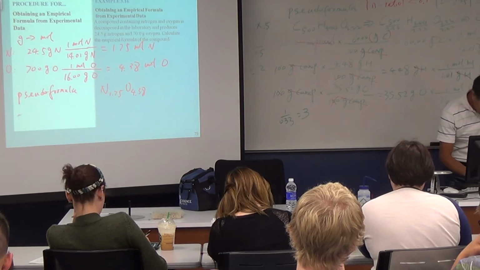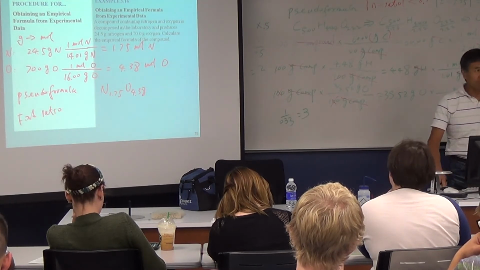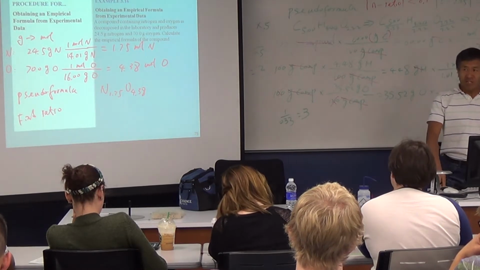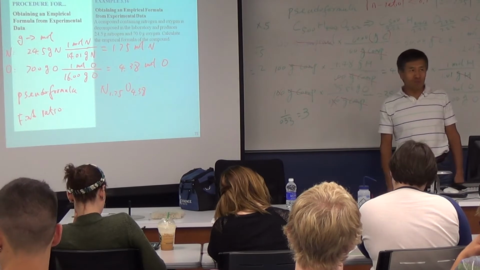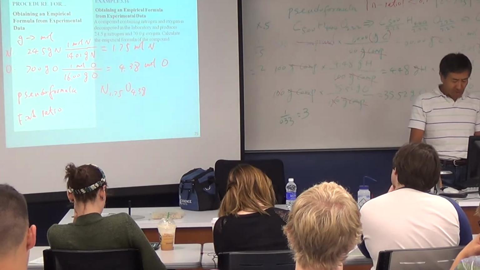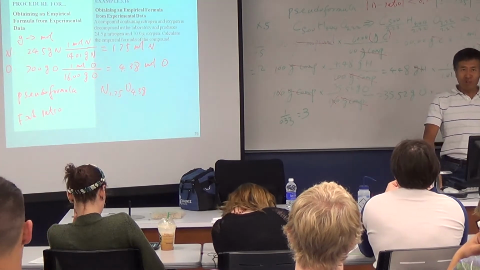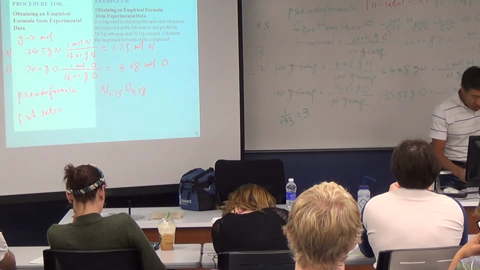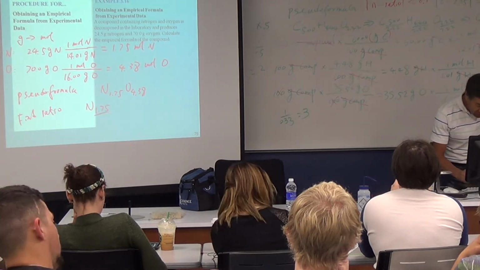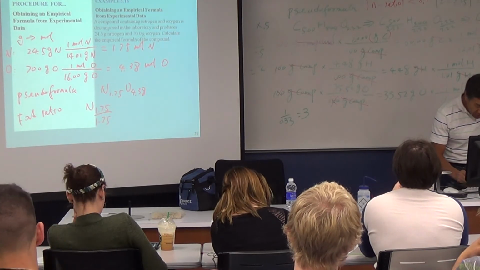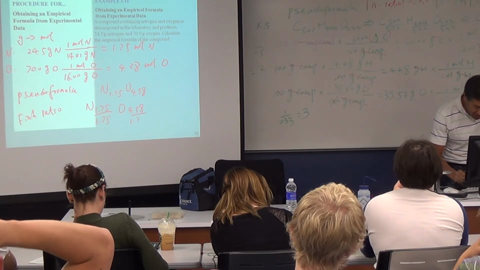Right, so the next step, find the ratio. The easiest way to find a very nice ratio is to use the smallest mole and divide it into all the other moles. In this example, the smallest mole is 1.75, so you will take 1.75 divided by 1.75, and you will take 4.38, also divided by 1.75.